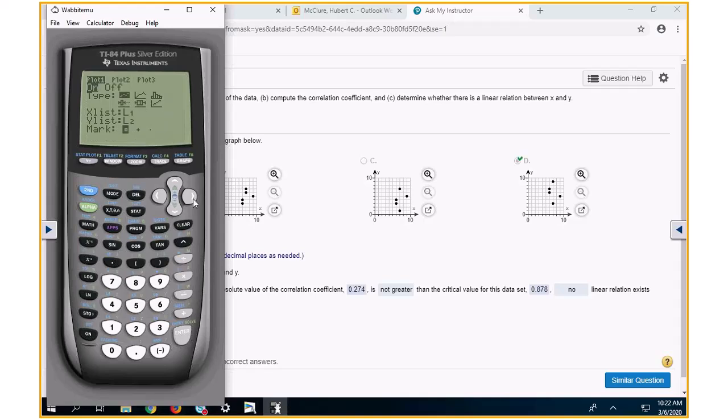So you're turning on the stat plot. You're telling it to plot a scatter plot. It automatically goes to L1, L2, so all you got to do is hit graph. Now it may not show up. So if it doesn't, you hit zoom. Is it 0 or 9? 9. And there is your scatter plot.